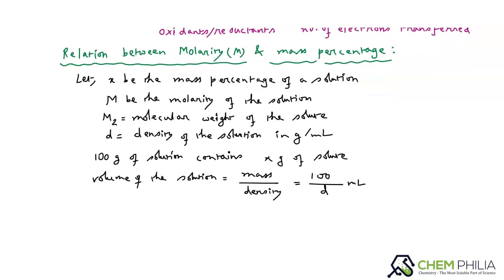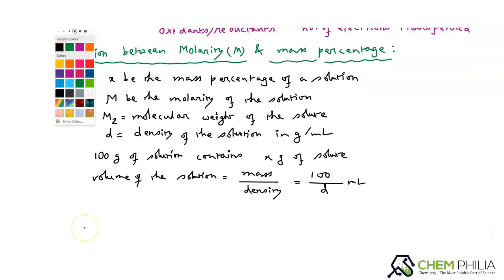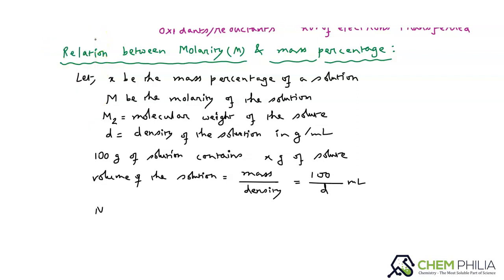Another thing: the number of moles of solute is equal to mass by molecular weight. The mass of the solute is x gram, and the molecular weight of the solute is m2.